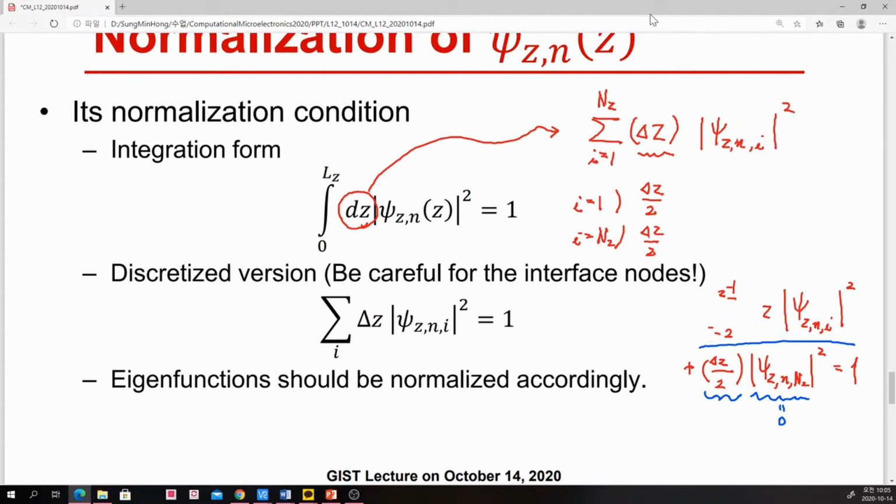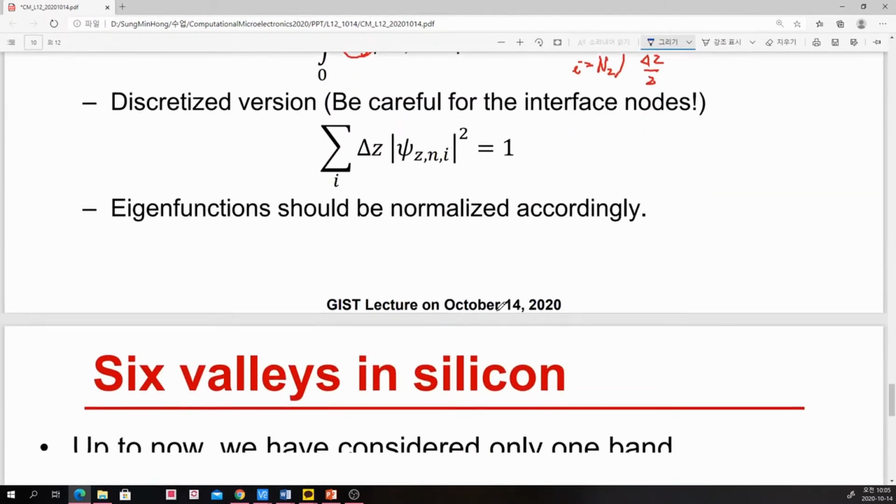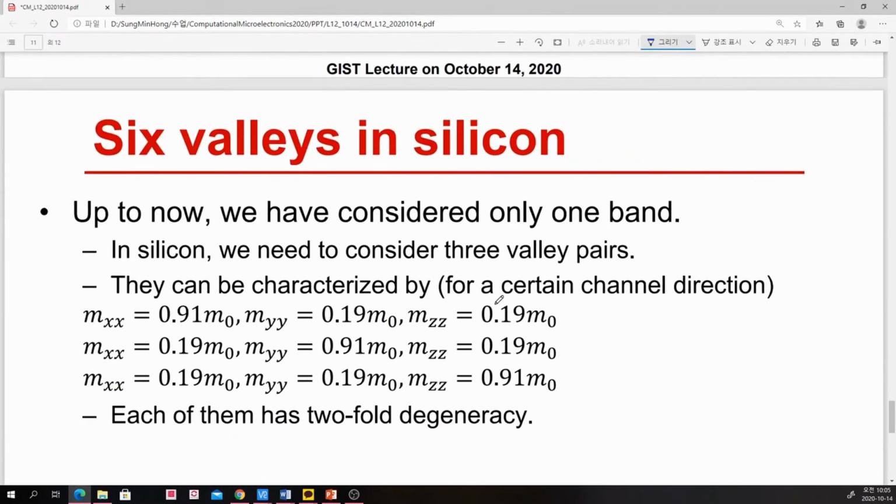Fortunately, we have covered most of our intended lecture contents. Then maybe I think that this would be the final one. Up to now, we have talked about the contribution of a single subband to the electron density, and I told you that by summing them all for different subbands, we can get the electron density.